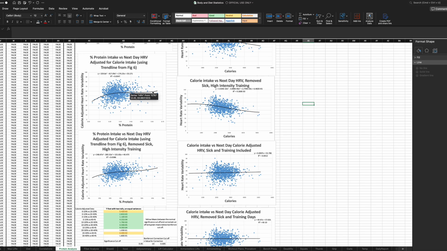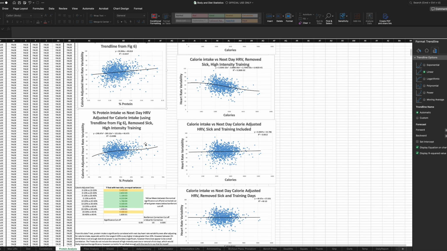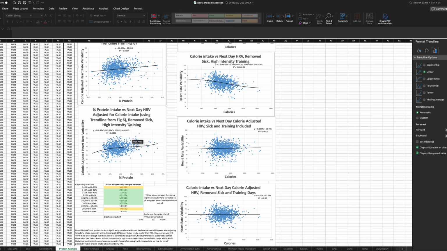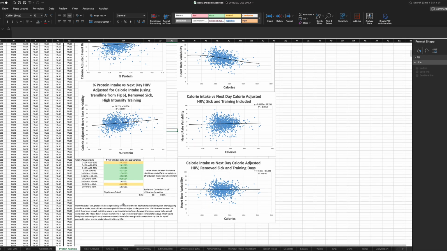Okay, so it's a very slight positive correlation. It's only 2.4%. And then if I remove the sick and the high intensity training data, 3.6% correlation, okay? So I know R squared isn't necessarily a percent, but you can kind of interpret it that way to some degree.